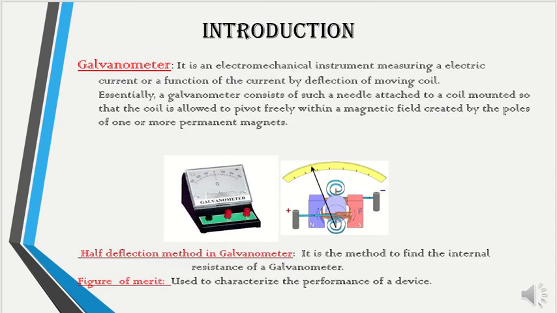Galvanometer is an instrument used for measuring current or a function of current by the deflection of a moving coil.